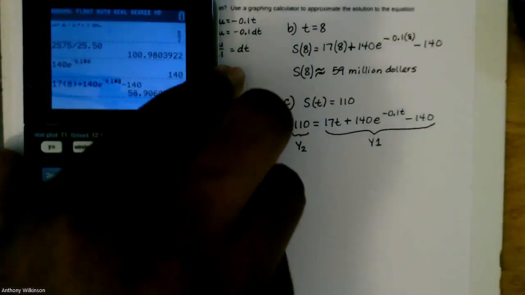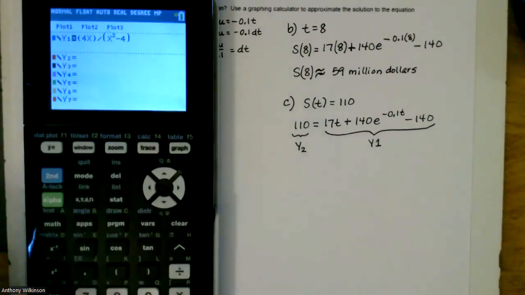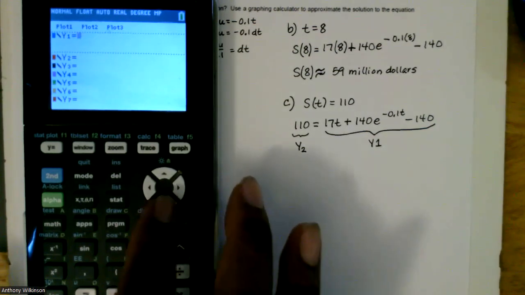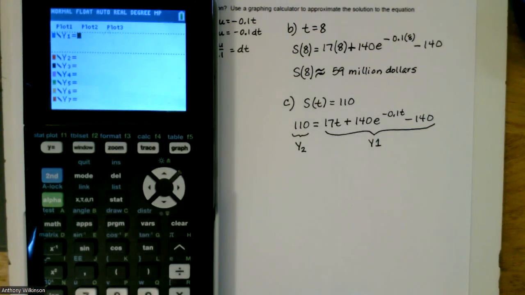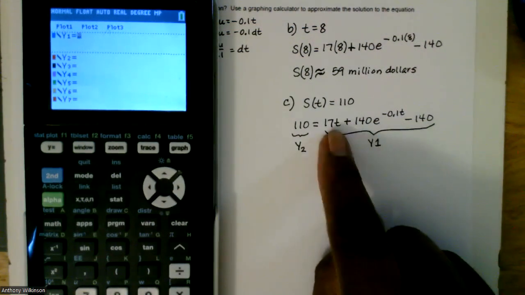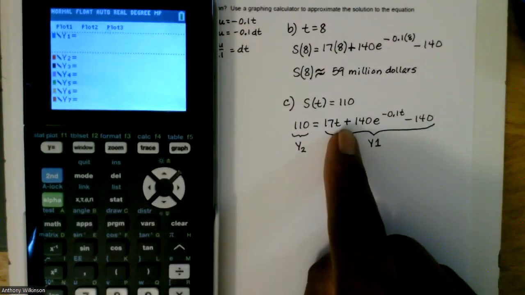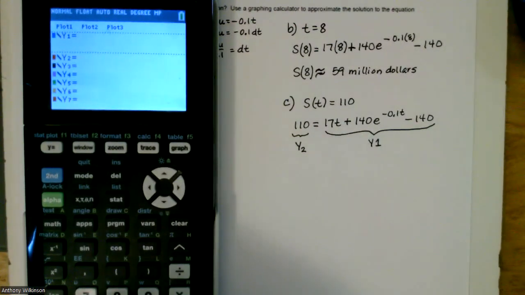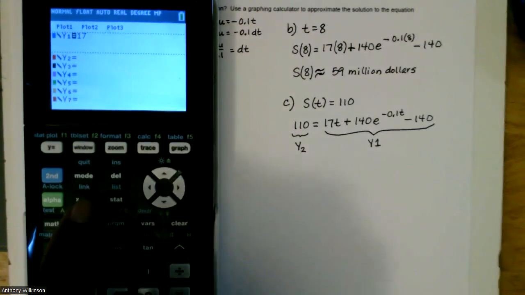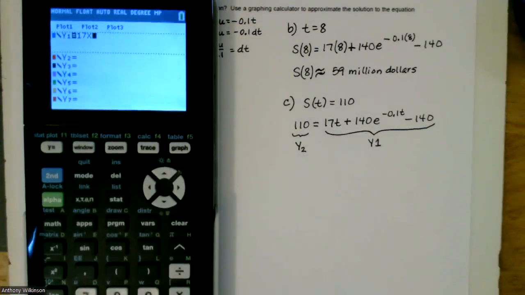So using my graphing calculator, I'm going to go to y equal 2. I'm going to clear all these equations that are in y1 and y2. The part that's on the right, the exponential equation on the right side, I will put this in the calculator. And I'm going to be using x's instead of t's. So it'll be 17, and then press your xt theta n button for the x, plus 140.